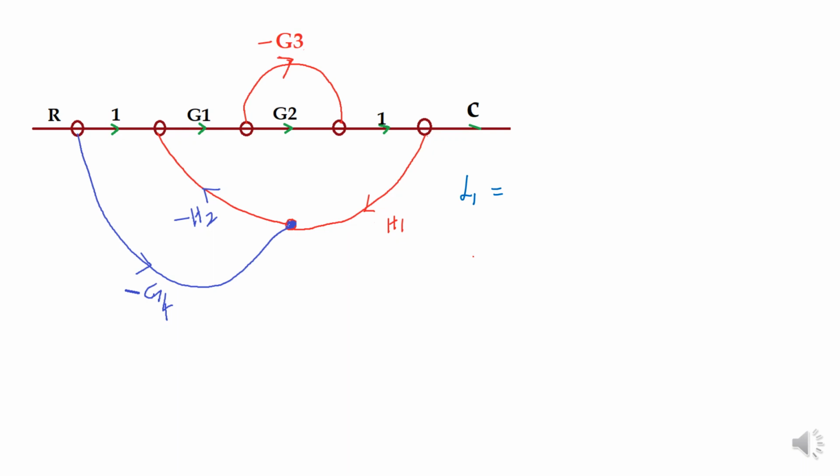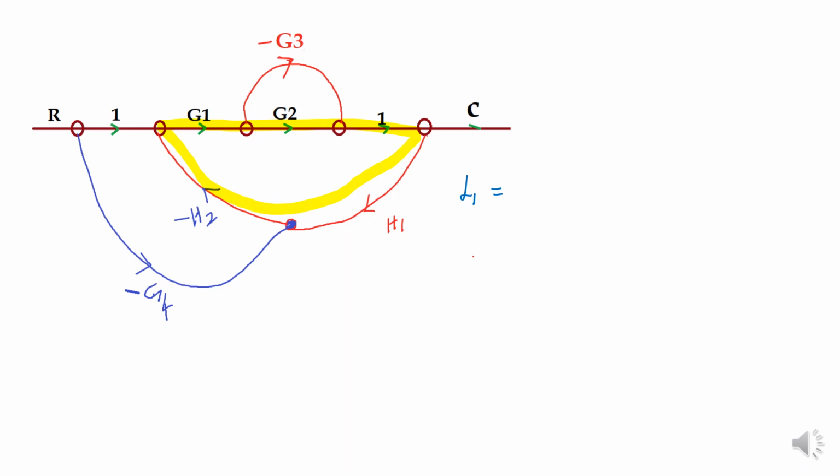A loop starts from the input and ends at the same input, that is known as a loop. Here, how many loops are there? There are 2 loops here. Starting at the input and ending at the same input, loop number 1.